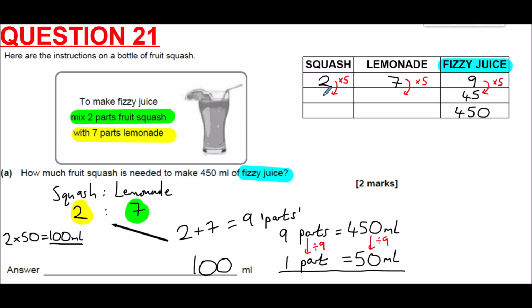And so 2 times 5 is 10, 7 times 5 is 35, and then to go from 45 to 450, we can then multiply by 10. But like I mentioned before, if we multiply one side by 10, we need to do the same to the other bits as well. So 10 times 10 is 100, 35 times 10 is 350. And so what we're interested in is fruit squash, and so how much fruit squash is needed? It'd be 100 millilitres.